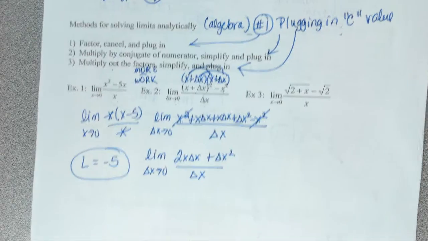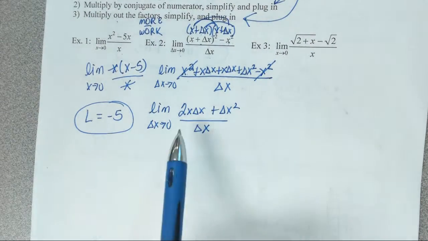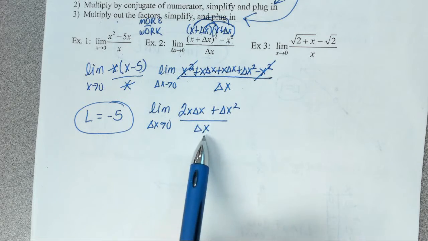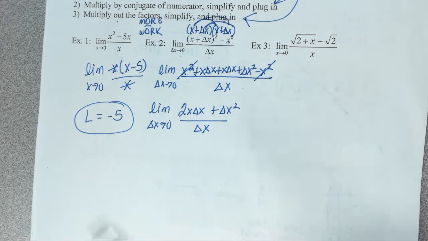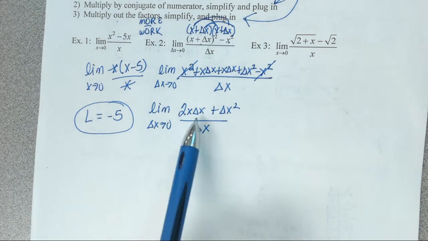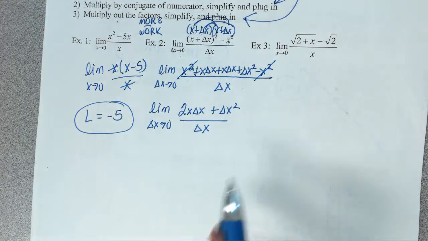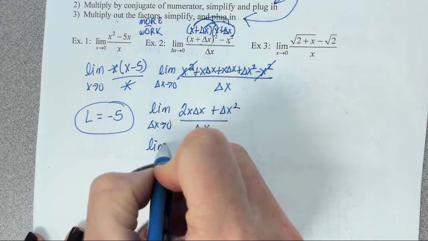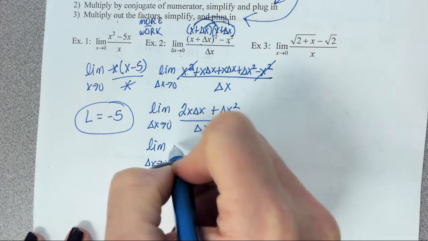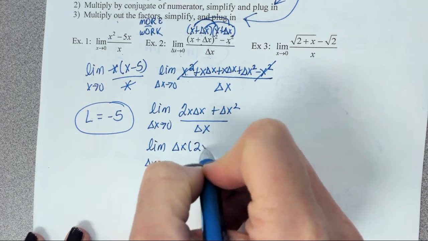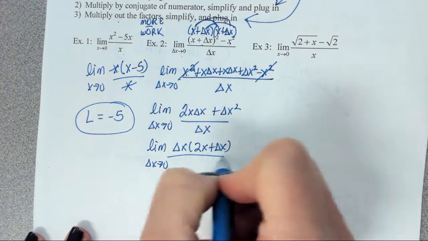Our goal is to be able to plug in 0 for delta x. But if I do that, I'm still going to get 0 over 0. That means I still have to do more work. What can we factor out of these two terms? Alright, so we're going to take out a delta x. And we're left with 2x plus delta x over delta x.